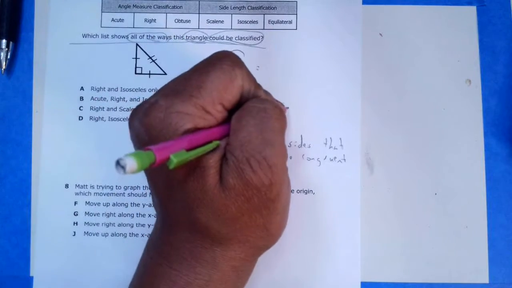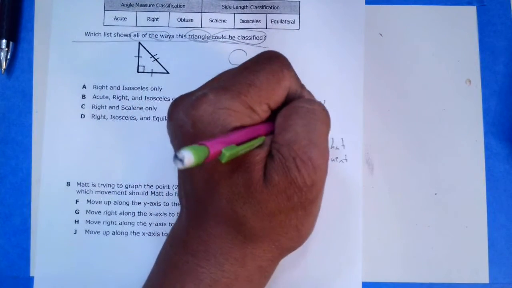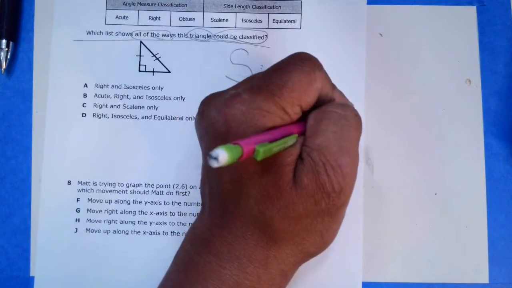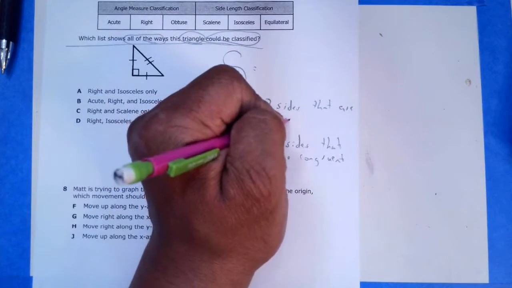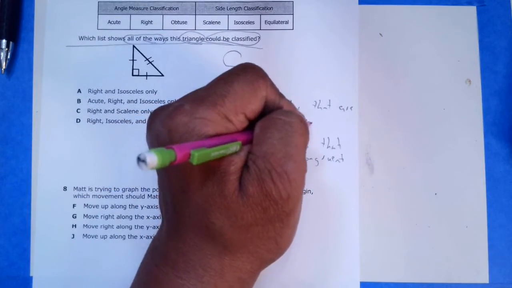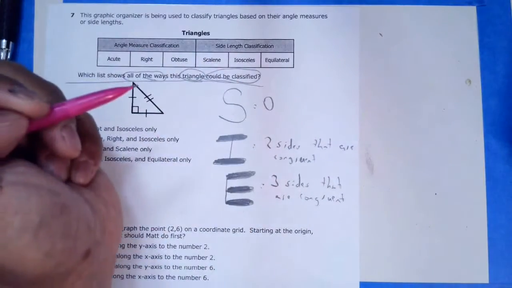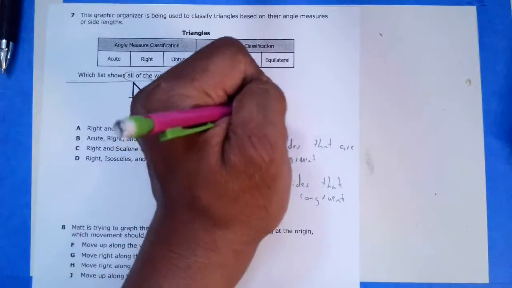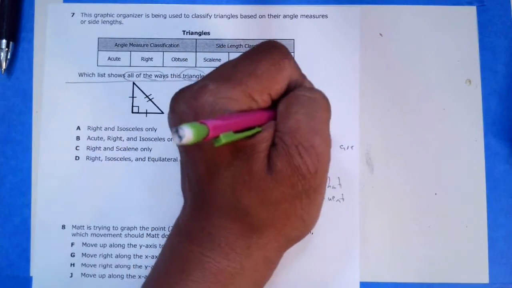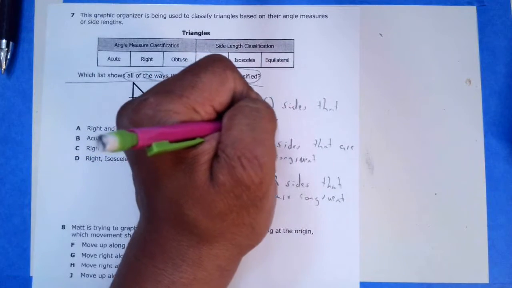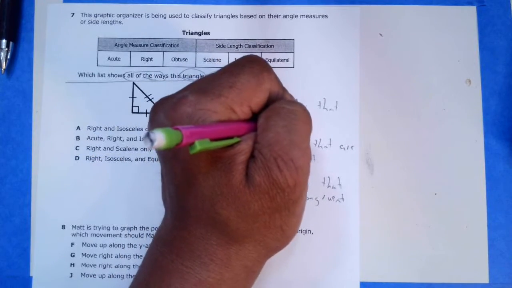Isosceles triangles have 2 sides that are congruent. What about this one? How many sides are dark? 0. A scalene has 0 sides that are congruent.